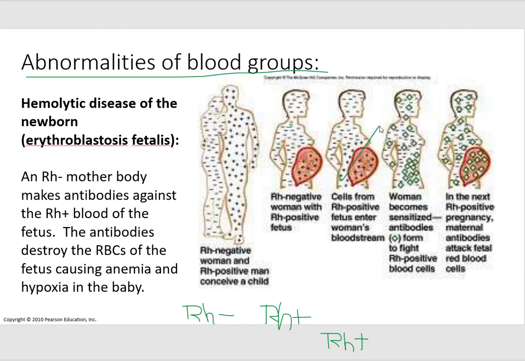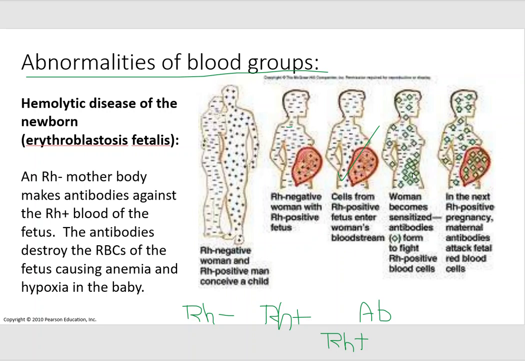This baby is delivered. He's fine. Now what happens is, since mom's system has seen Rh positive, she develops antibodies against Rh. She didn't have them before. I said when you have A type blood, you automatically have B antibodies. It just happens. But with Rh, you don't have antibodies against it unless you've actually been exposed to it.